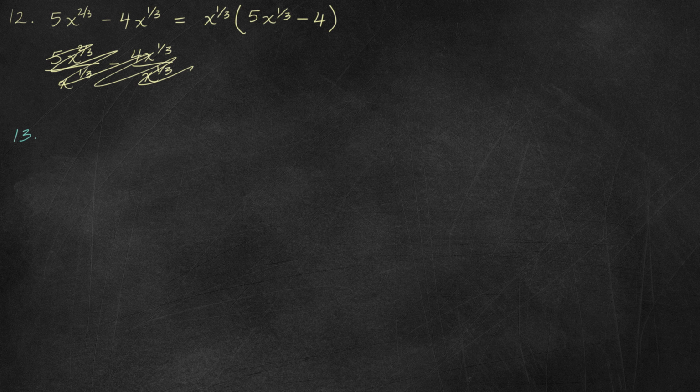Number 13, x times the quantity (x plus 3) to the power -1/2 plus 2 times (x plus 3) to the power 1/2. So here my greatest common factor is the quantity (x plus 3) to the power -1/2.